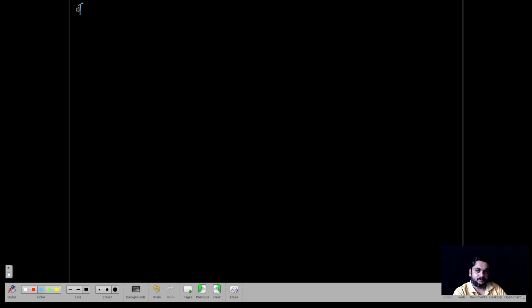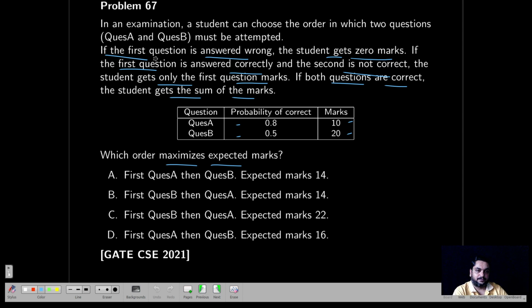First, answer question A. Let us say the probability that A is wrong is the first condition. If A is wrong, I'll get 0 marks, so that is 0 into the probability. That is the expected value we are finding. Then what is the second condition? If the first question is answered correctly and the second is not correct, the student only gets the first marks.